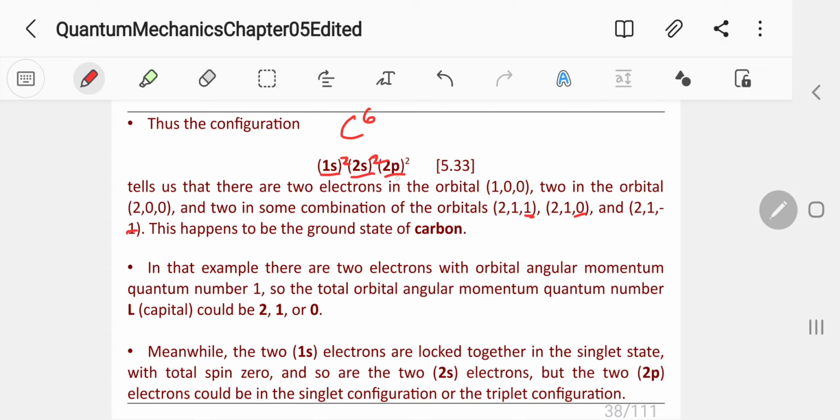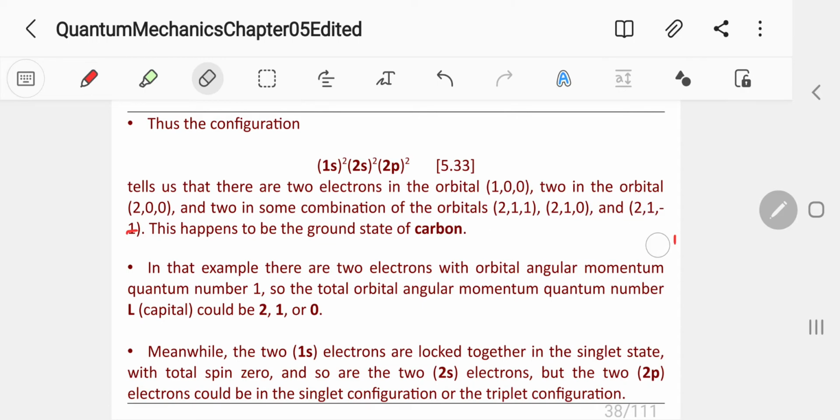So at 2p you have px, l equals 1, py equals 0, and pz equals -1.